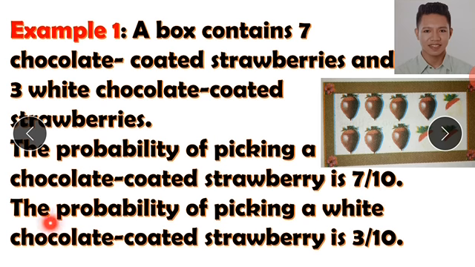Next, the probability of picking a white chocolate coated strawberry is 3/10, because we have 3 white chocolate coated strawberries and there are 10 strawberries in the box.